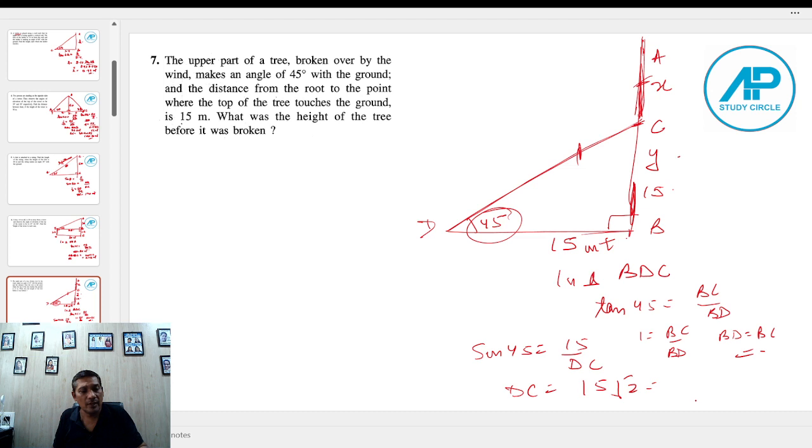So we should find the value of 15 root 2, which is 15 into 1.414, which is 21.2 meters.